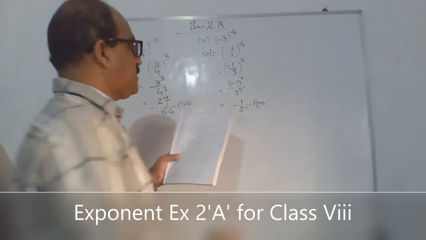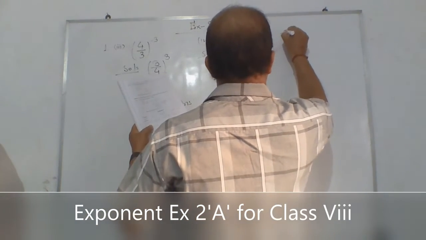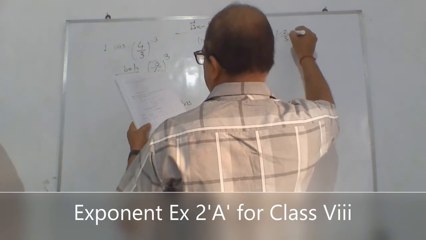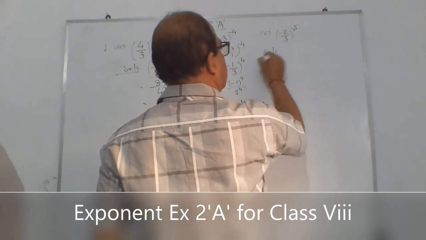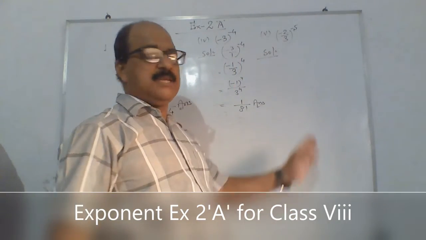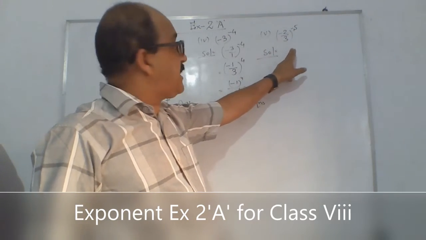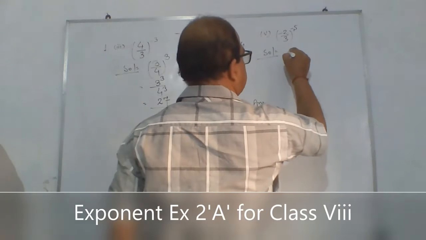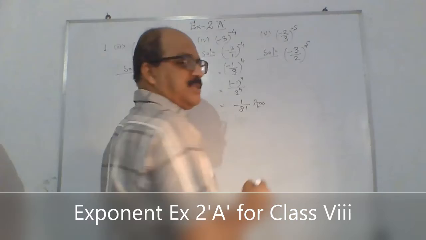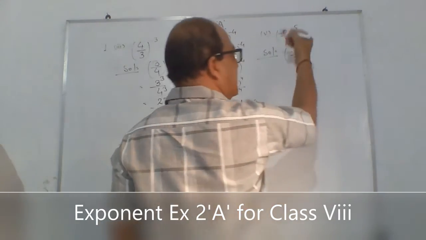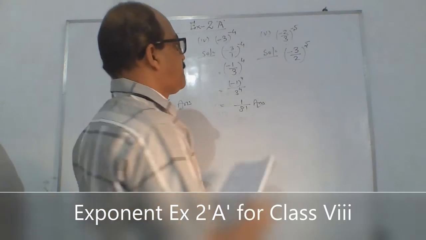And the last one, question number 5, minus 2 by 3 to the power minus 5. Here, see, we will do the same process. At first, write the reciprocal of this number, minus 3 by 2, and the negative exponent will become a positive exponent.